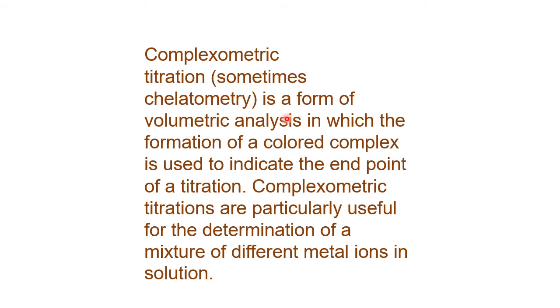Complexometric titration is a form of volumetric analysis in which the formation of a colored complex is used to indicate the end point of a titration. Complexometric titrations are particularly useful for the determination of a mixture of different metal ions in solution.